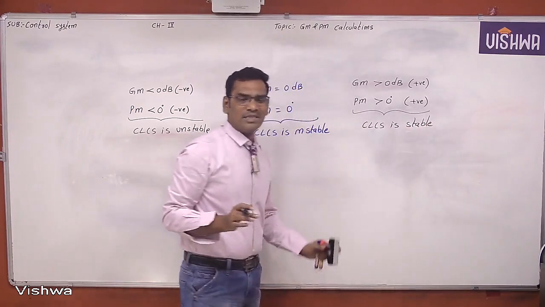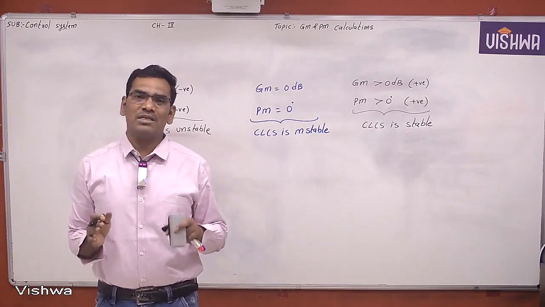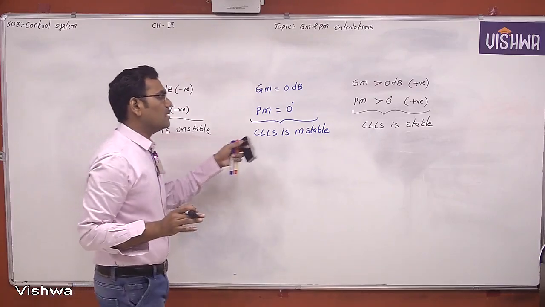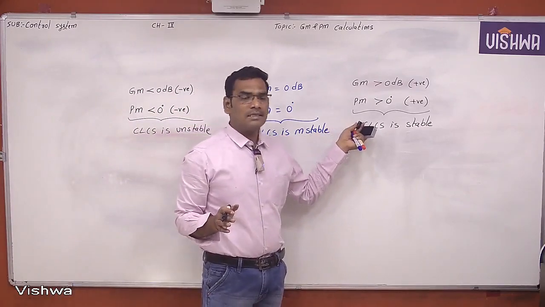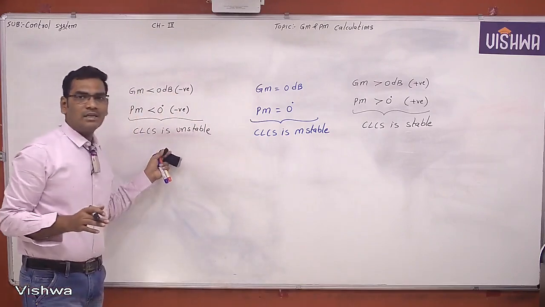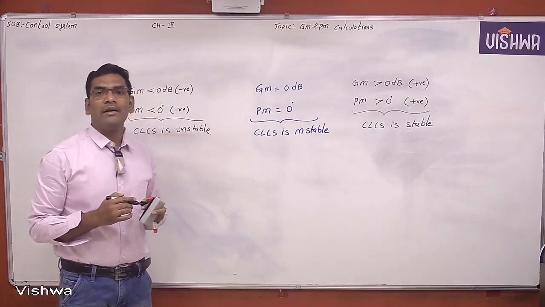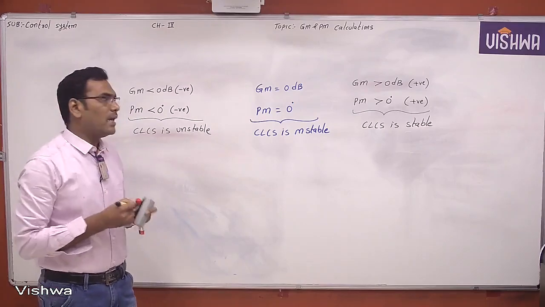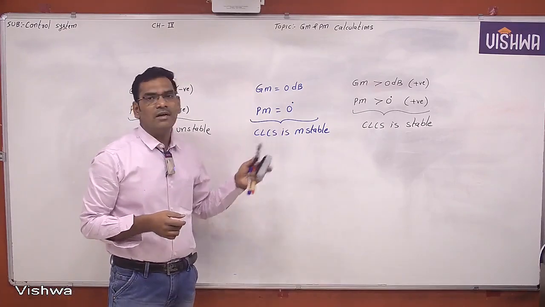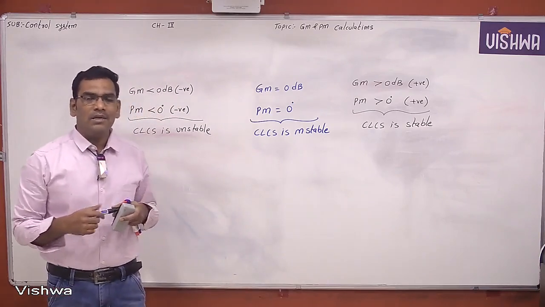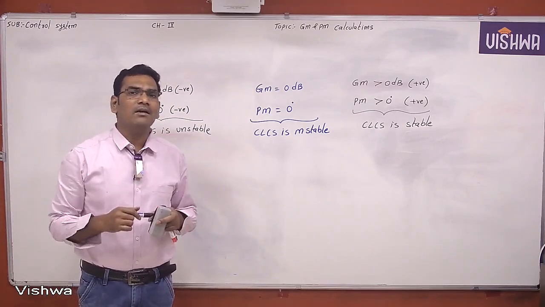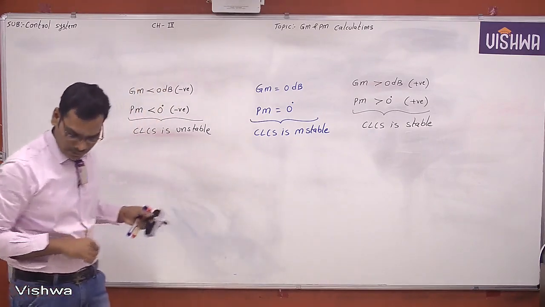Now it produces a sufficient gain and a sufficient phase. Then this closed loop control system is stable, and this is unstable, and this is marginally stable. But these parameters are calculated for the open loop transfer function, and I want to do the analysis of the closed loop control system. This is the link between the open loop and closed loop control system. Note on this.